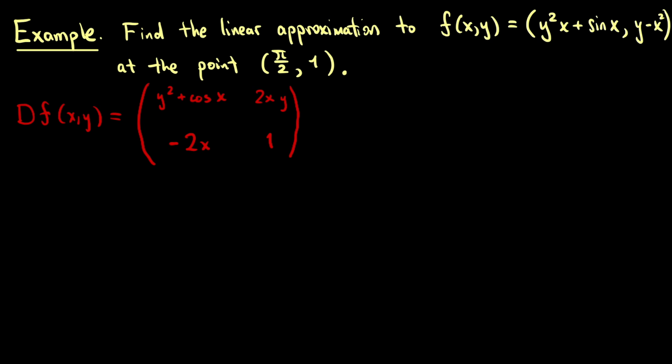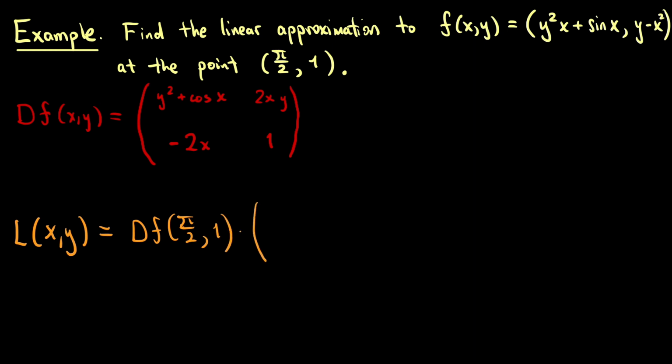So the linear approximation is going to be L of x, y equals the matrix df at the point pi over 2, 1, and then as a column vector, I'm going to have x minus pi over 2, y minus 1. So the matrix times x minus x naught, where x naught is this given point here. And then I should subtract as a column the value of f at that point.